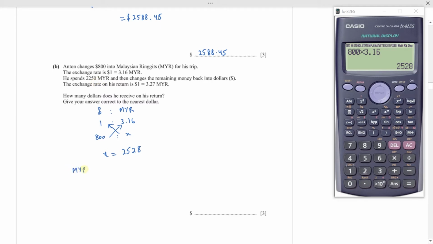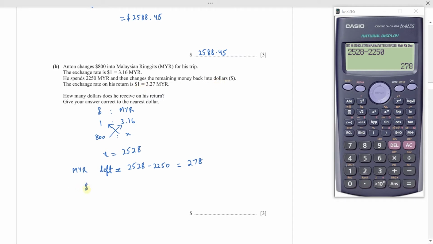So MYR left will be, out of these 2,528, he spent 2,250. So how much money is left? 2,528 minus 2,250. So he has 278 ringgits left, which he changes back to dollars at this exchange rate.